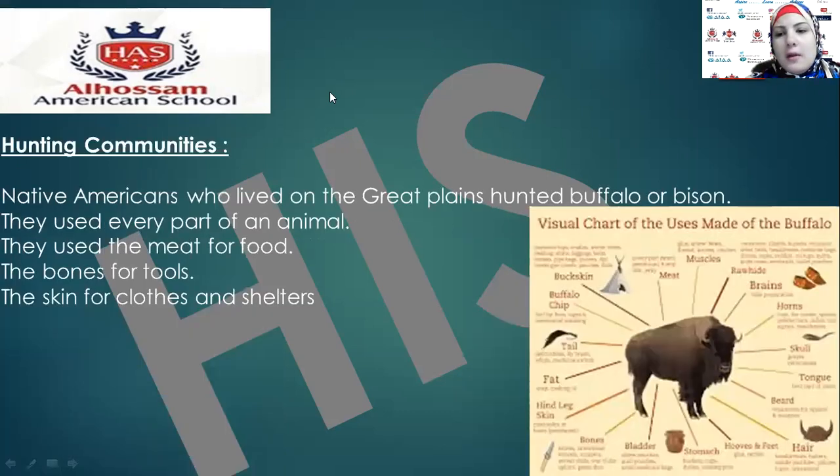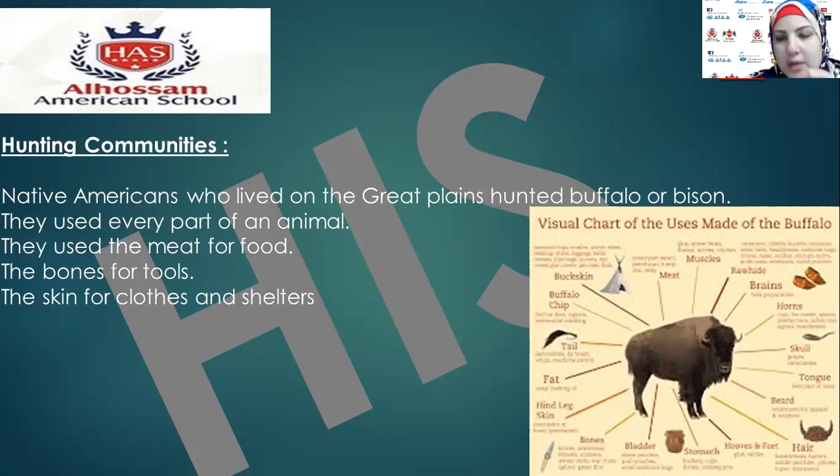What are the hunting communities? Hunting communities were communities where Native Americans living on the Great Plains hunted buffalo, or bison, sorry.